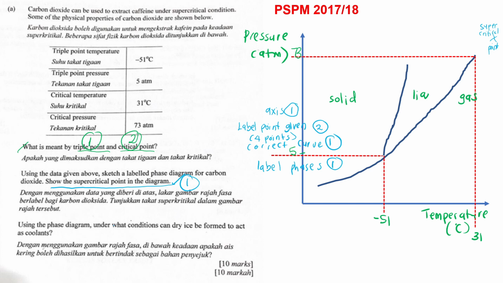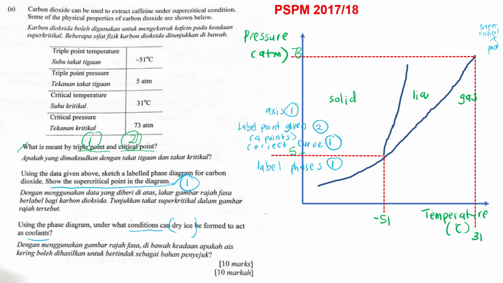Last question: using this phase diagram, state under what condition dry ice can form to act as a coolant. Dry ice means carbon dioxide changing from gas to solid.